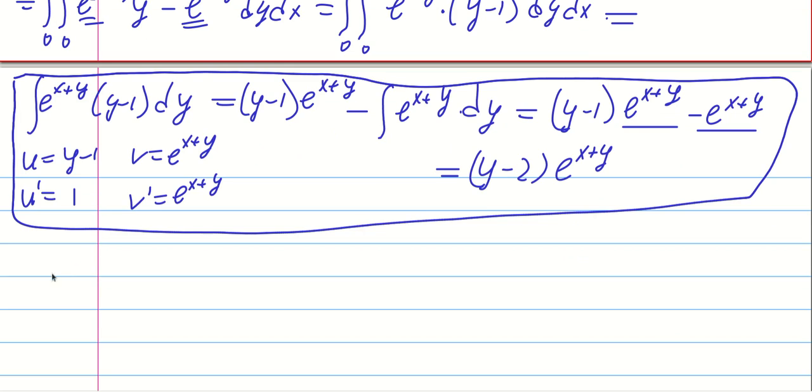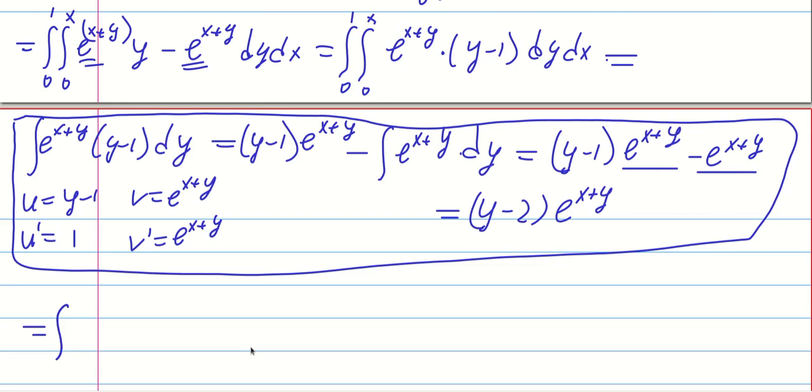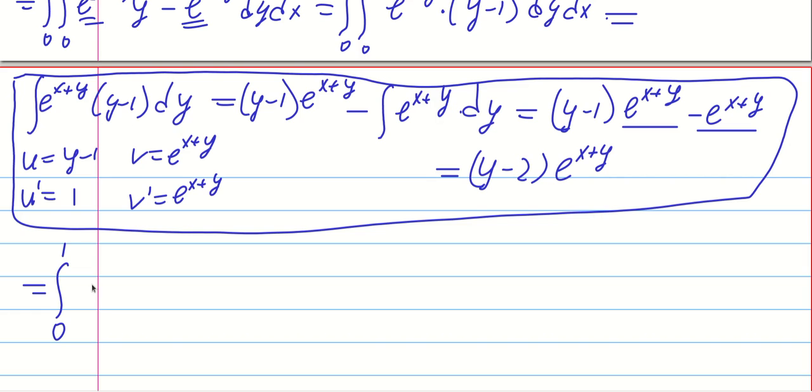So we have only one integral left, from 0 to 1, of y minus 2 e to the x plus y evaluated from 0 to x, dx.